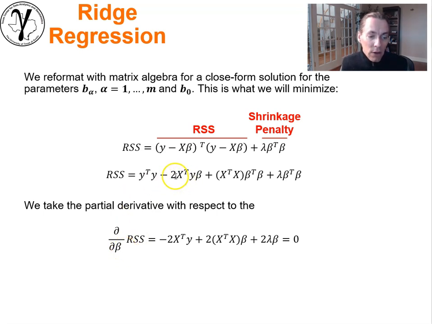For the other component, x transpose y, we retain the negative of that, but we lose the beta. We have a beta transpose beta, so we retain a single beta here, and a single beta transpose here, and we get a 2 as a coefficient on each side. This is a really nice form for us to now solve.